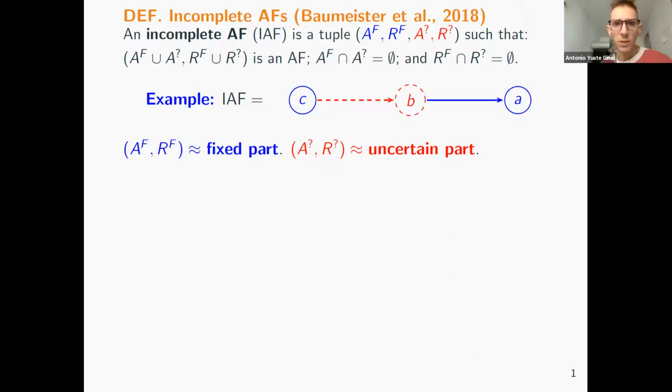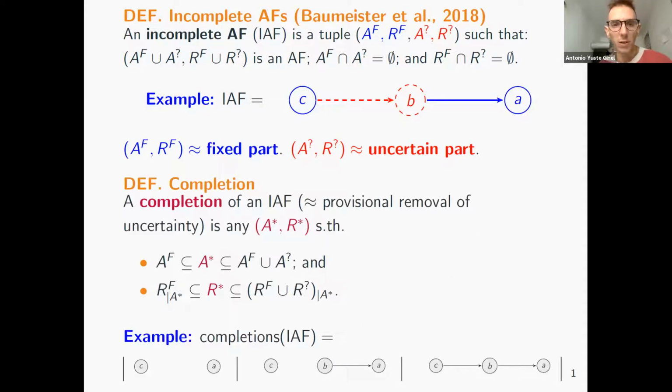In order to reason with these kinds of structures, the notion of completion is usually used. A completion of an incomplete argumentation framework is nothing but another argumentation framework, so a directed graph, such that its domain is within this interval: all fixed arguments are a subset of every completion, and every completion is a subset of fixed arguments union uncertain arguments.